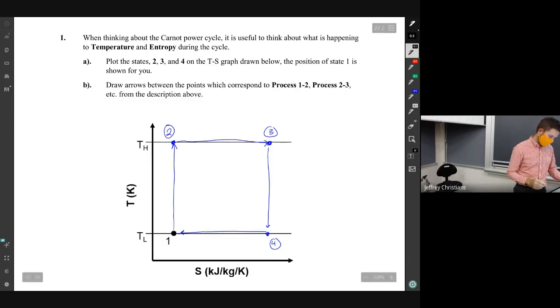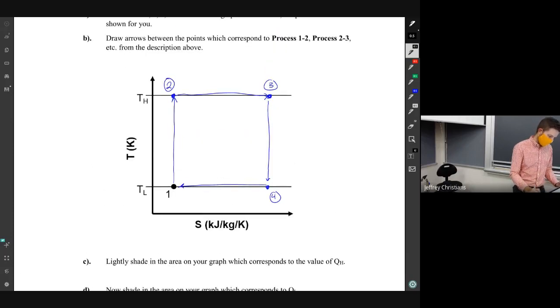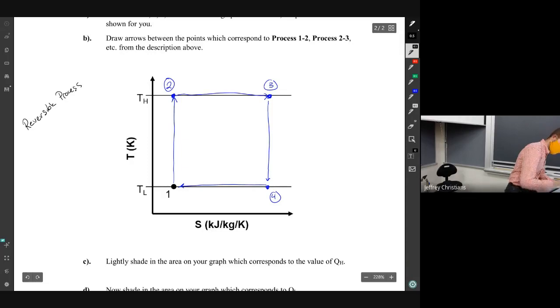So part C, lightly shade in the area on your graph which corresponds to the value QH. So for a reversible process, Q was equal to the integral of T dS.